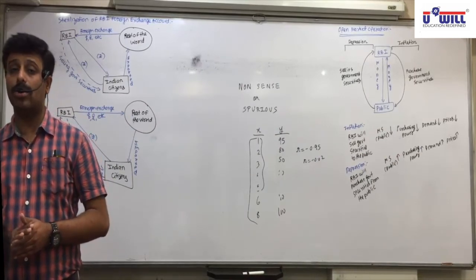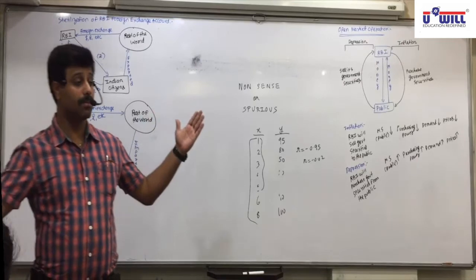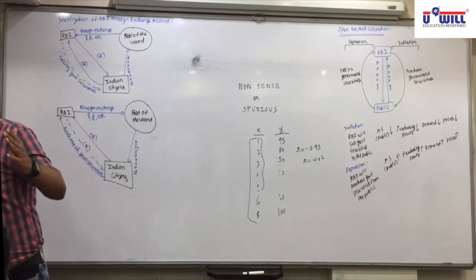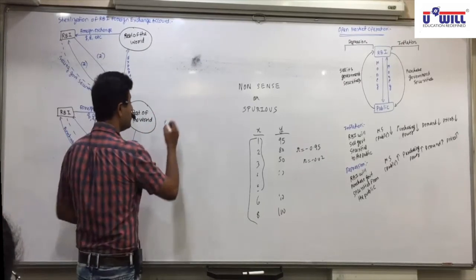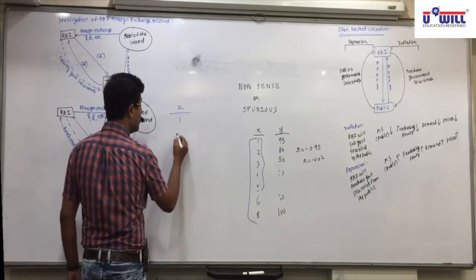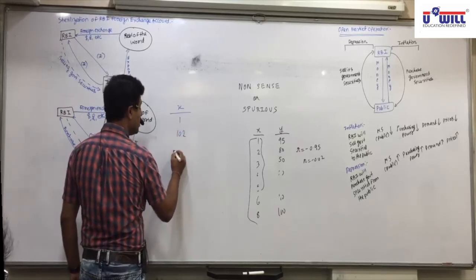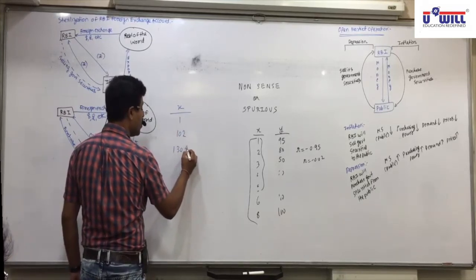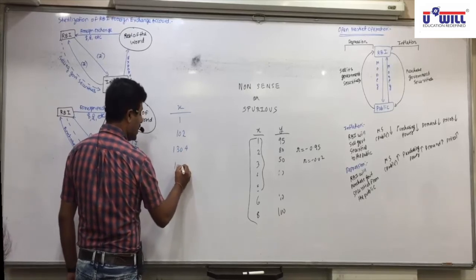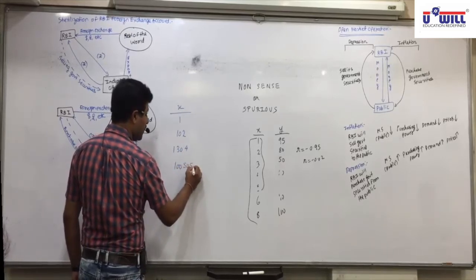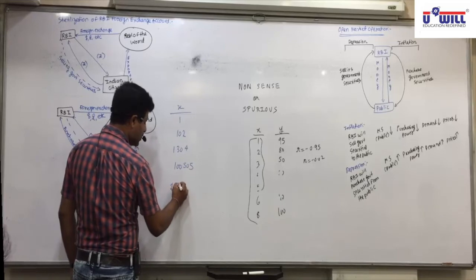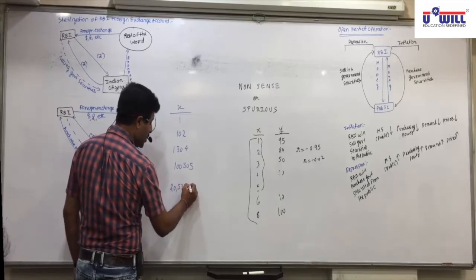If there is huge dispersion, the values of X are like 102, 1304, 1,05,500, 20 lakhs, 53,455.